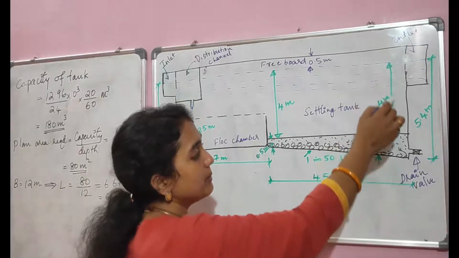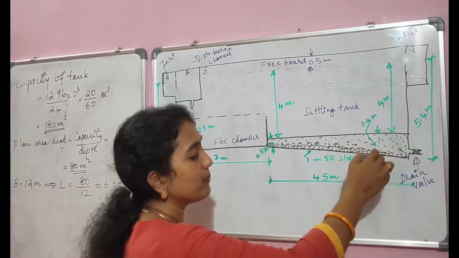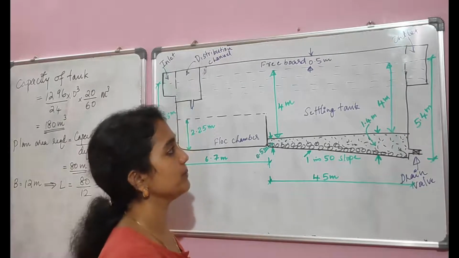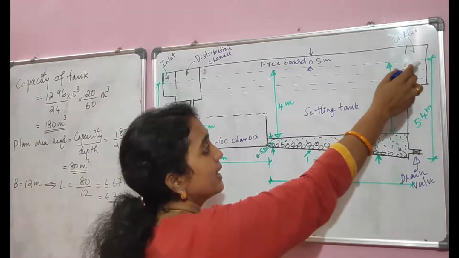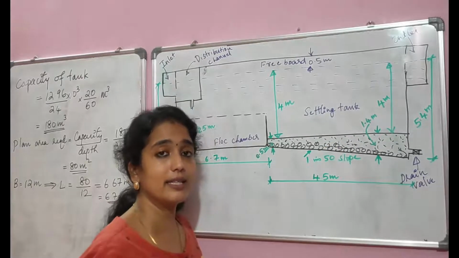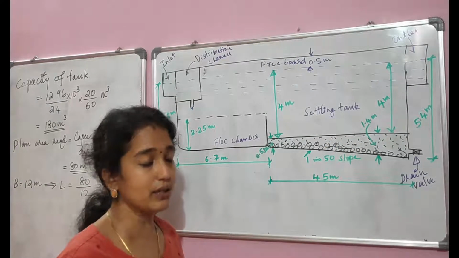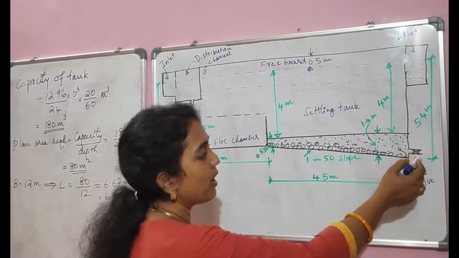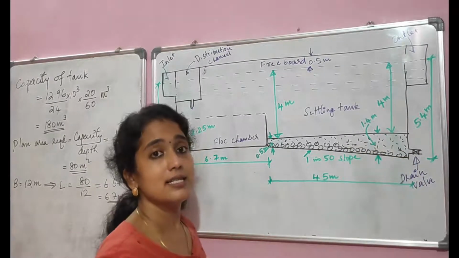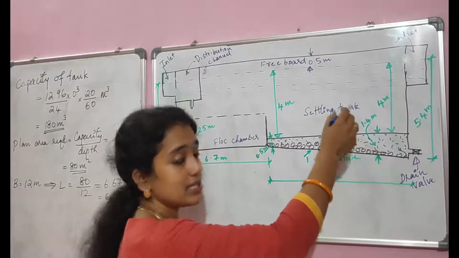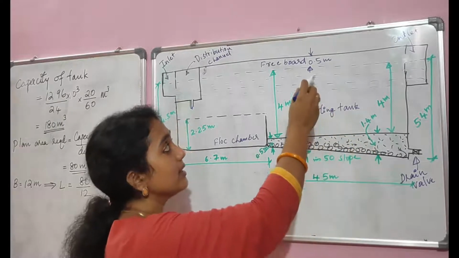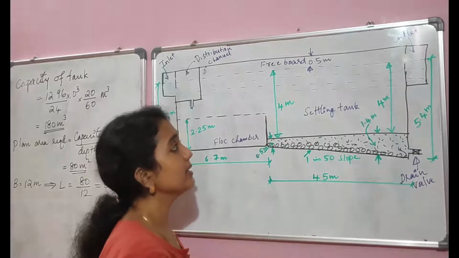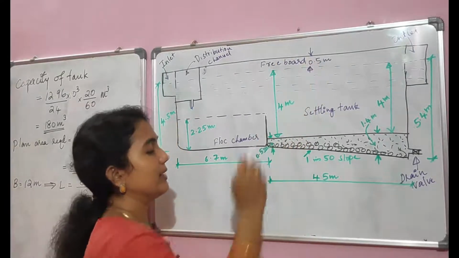Here 4 meter will be the water depth and 1.4 meter will be the sediment storage. And there should be an outlet arrangement for collecting the purified water, and here there will be a drain wall for collecting the sediments from the bottom of the sedimentation tank. And an extra freeboard of 0.5 meter is provided above the water level.